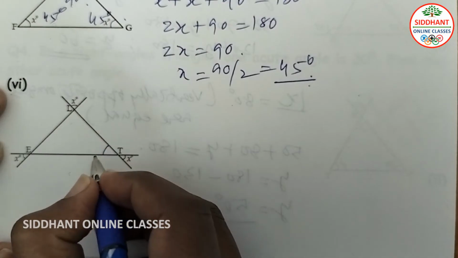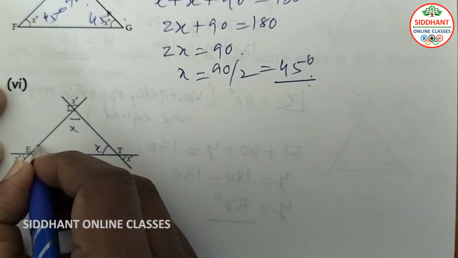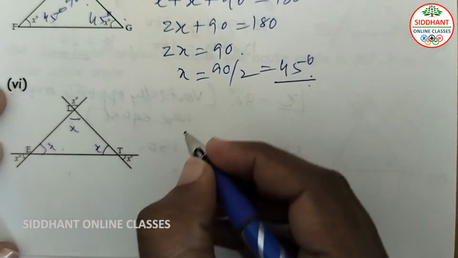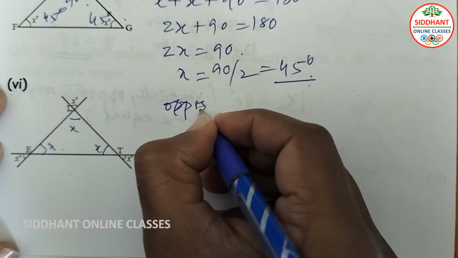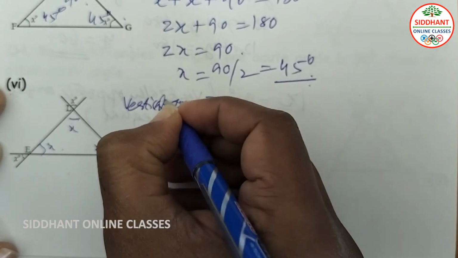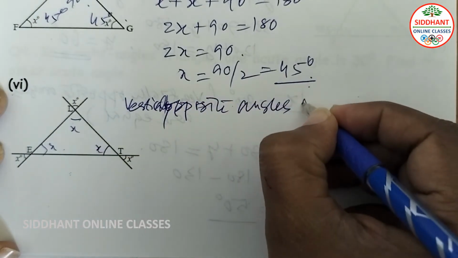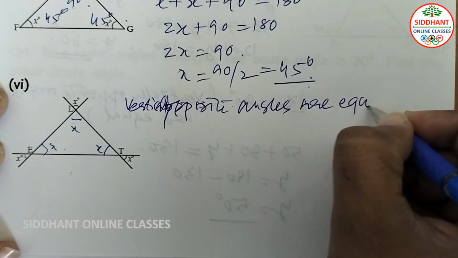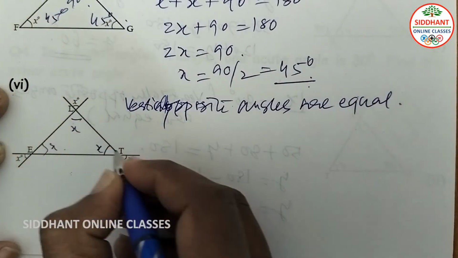So inside angles will also become x here, because vertically opposite angles are equal. Vertically opposites are equal, that means x.